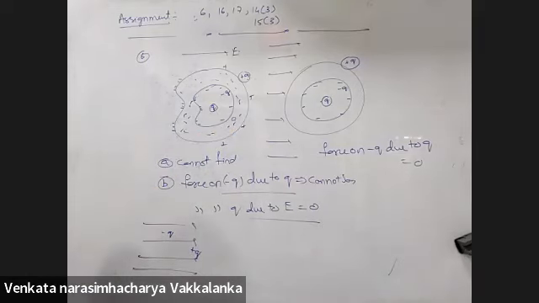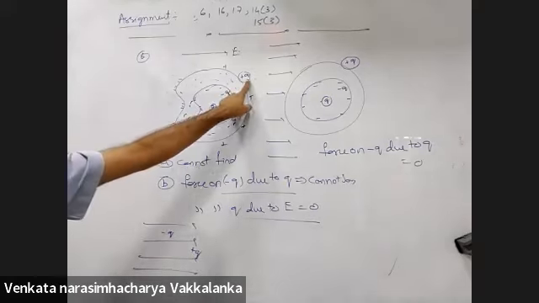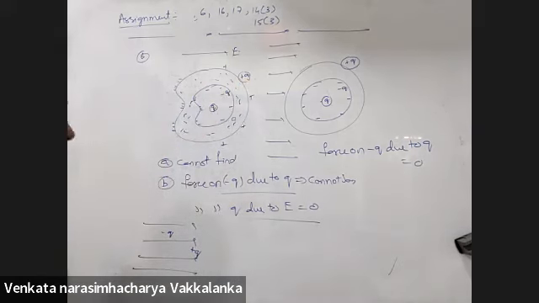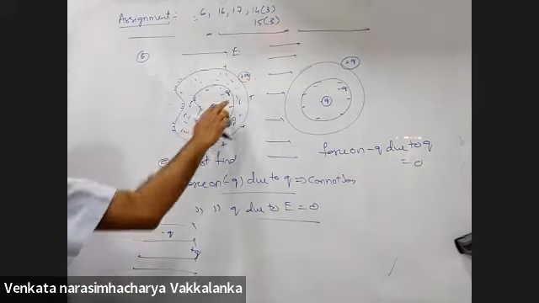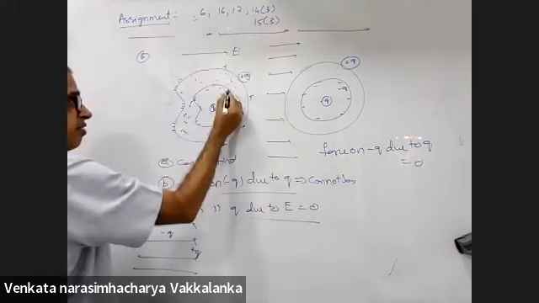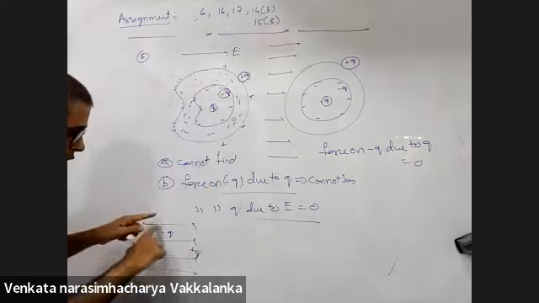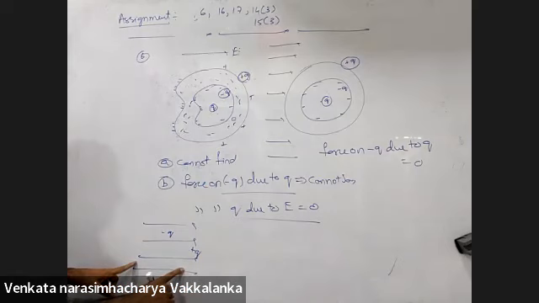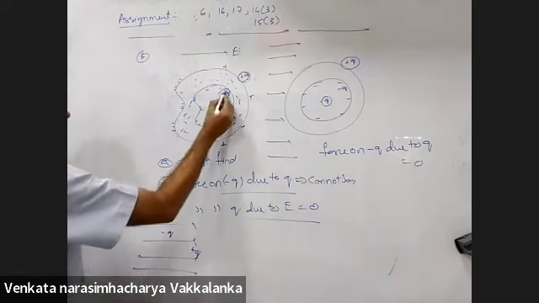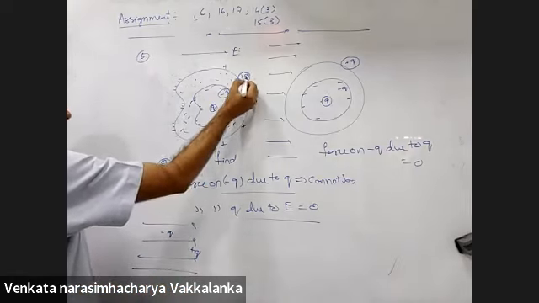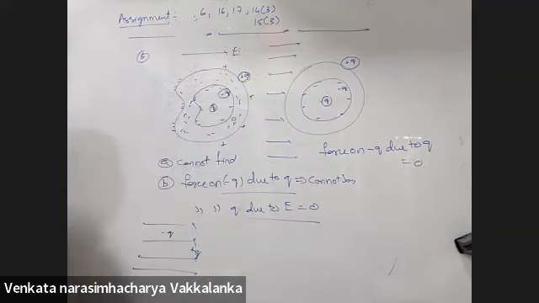So net total force on conductor due to the electric field, this minus Q and plus Q put together will become 0. Wherever you keep minus Q, plus Q, on this also minus, on this also plus, QE will turn out to be 0. This step is everybody clear?